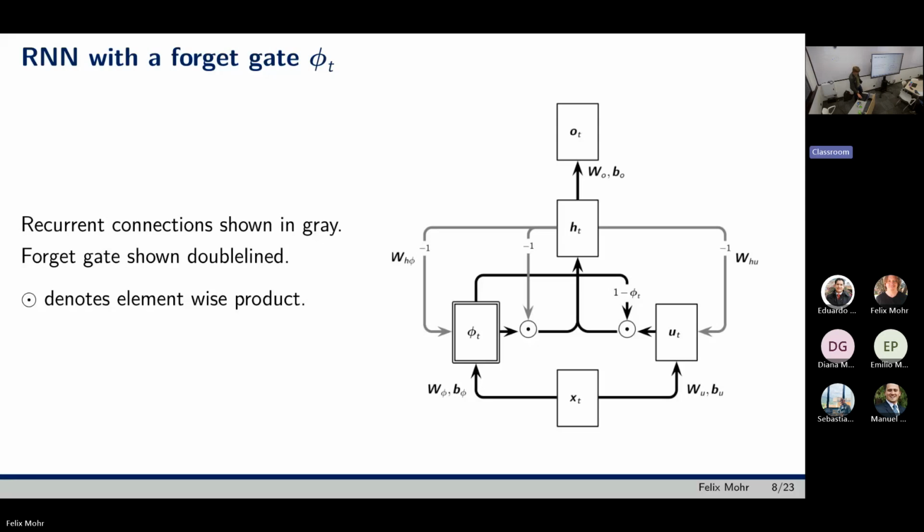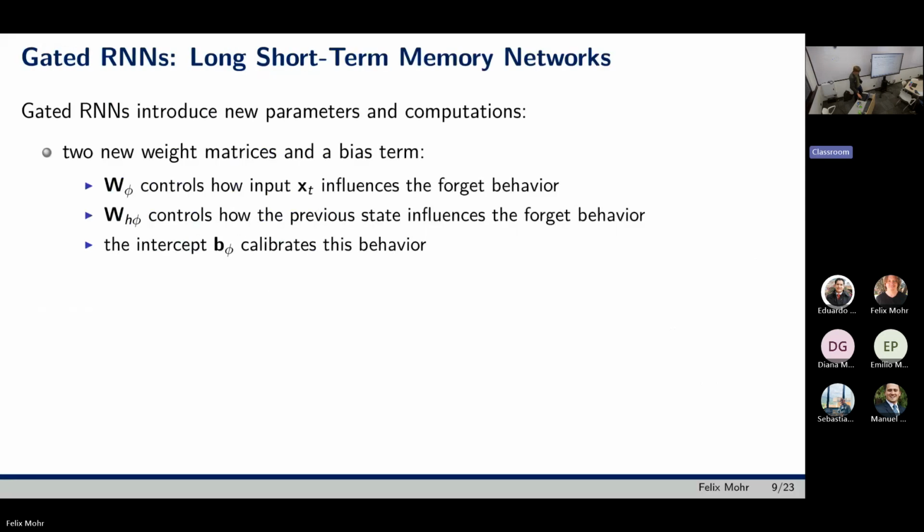So these units introduce quite some new notation. We had 3 new parameter structures that need to be learned. So we need to learn more. Why? Because we need to learn these weight matrices that control how the input and how the previous hidden state control the forget gate.